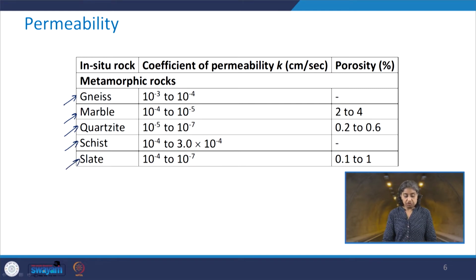So, typically for marble the range is 10 to the power of minus 4 to 10 to the power of minus 5 centimeter per second, and the corresponding porosity is 2 to 4 percent. Similarly, you can take a look at this table and get an idea about the range of the coefficient of permeability in centimeter per second for some typical rock types.